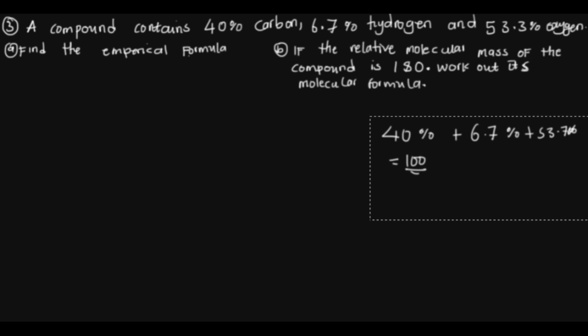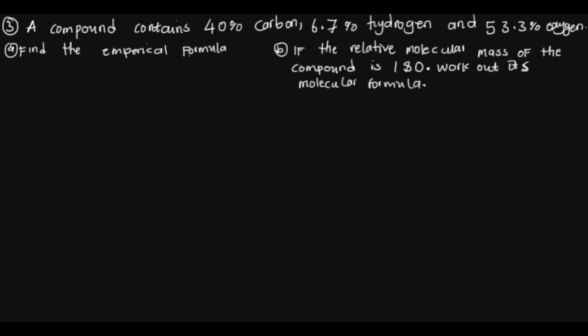After verifying this, we need now to write each element. The first element is carbon, the second we have hydrogen, the third one is oxygen. We are going to write each with its percentage.